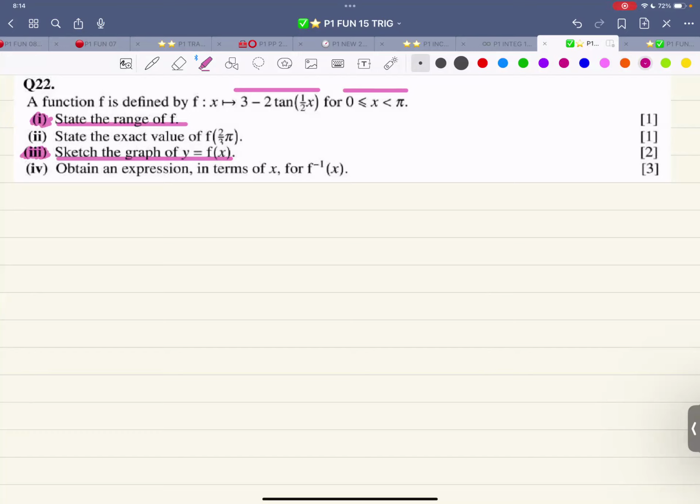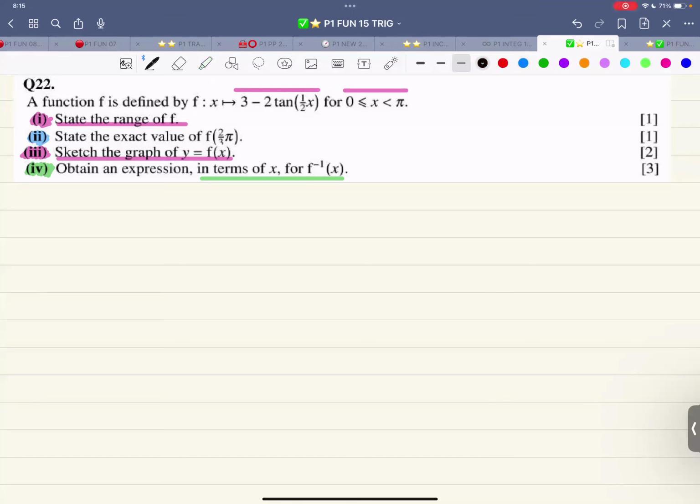And then we have a part that is about state the exact value of f(2/3 pi). That is different. And similarly, we have a last part, which is about obtain an expression in terms of x for f inverse x.